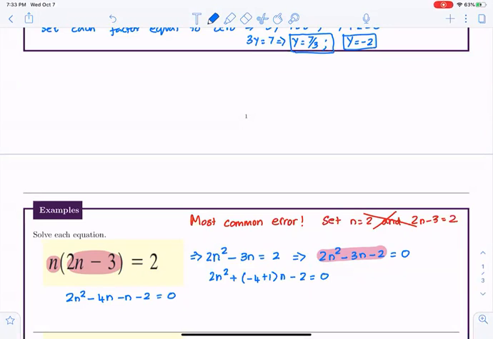Now we can group terms, 2n squared minus 4n. Going to pull a minus 1 out, which would give me n minus 2. Sorry, n plus 2. Negative pulled out of negative n is positive n, and negative pulled out of negative 2 is positive 2.